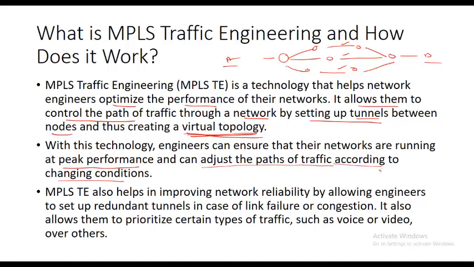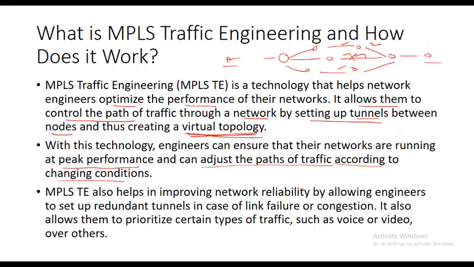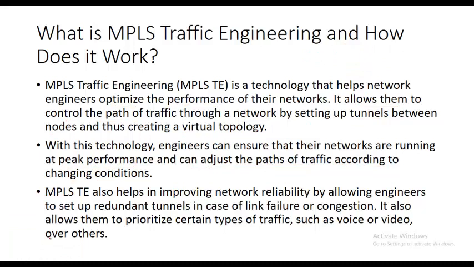So if this is a preferred path, option 1, and that fails, it takes the option 2 path. That is what it means here. According to the changing condition, the path is automatically decided because we are not depending on the physical topology. We are using a virtual topology.